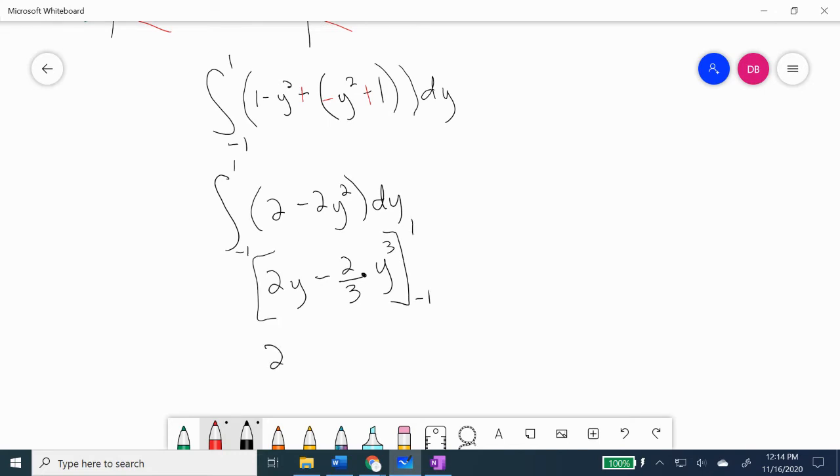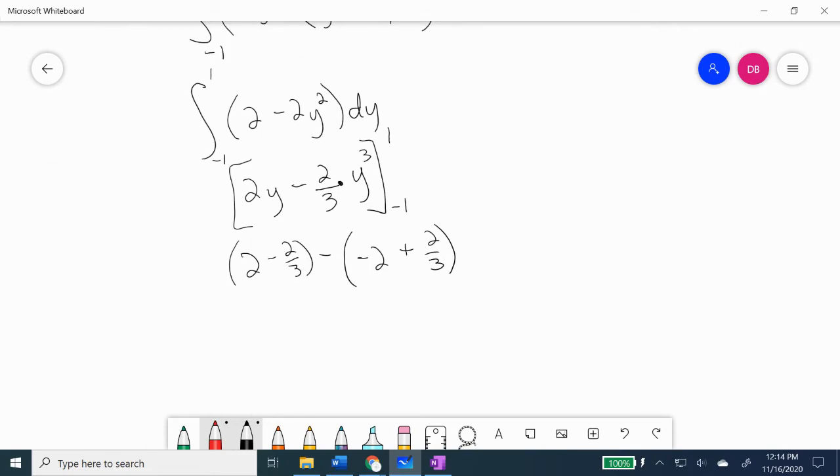Plug in the 1, minus plug in the negative 1. When I plug in negative 1, I will get a negative 2. This negative 1 cubed will change this subtraction to an addition. And 2/3.